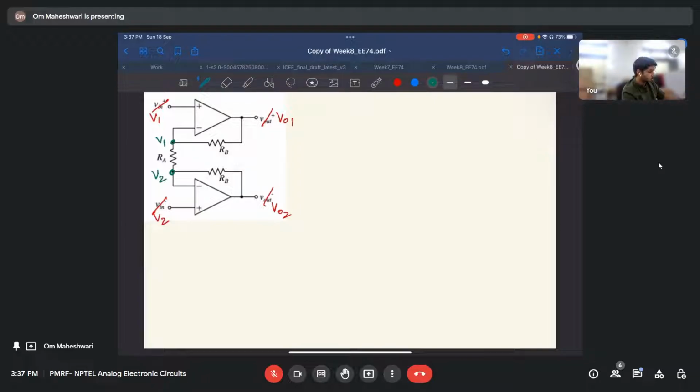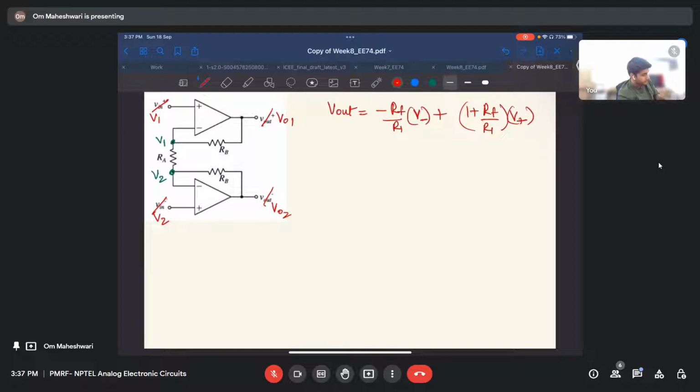Okay, so if we write VO1, what will VO1 be? Let me first write the equation for an ideal op amp. Vout equals minus RF by R1 into V minus plus 1 plus RF by R1 into V plus.